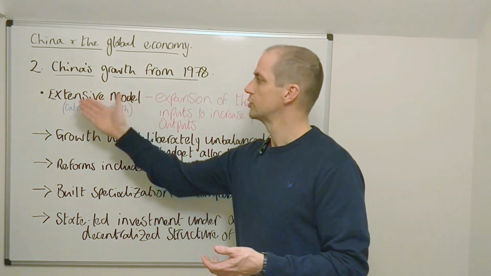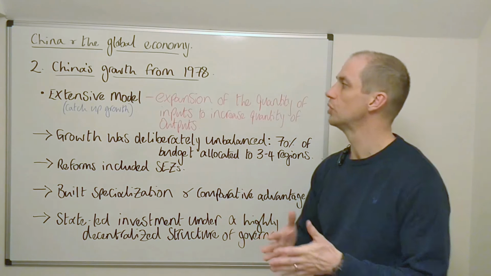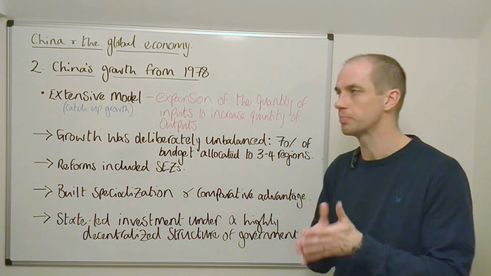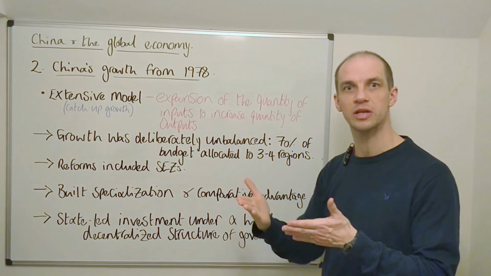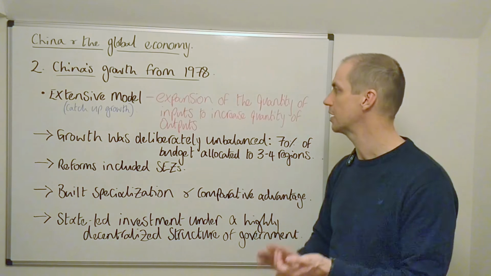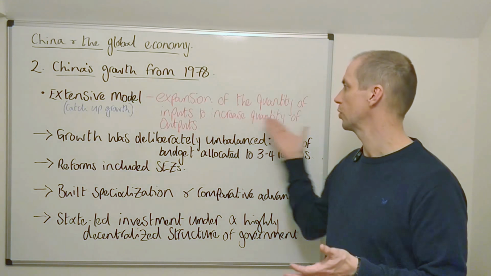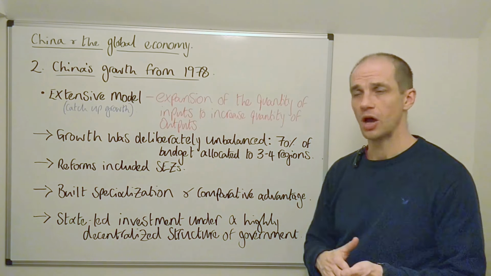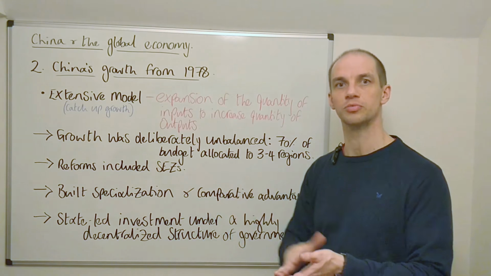So China have used an extensive model of growth. Now this is really also known as catch-up growth. It's really about expanding the number of inputs of land, labour, capital that are used to increase the quantity of outputs. So commonly used by LEDCs as they begin to catch up growth.